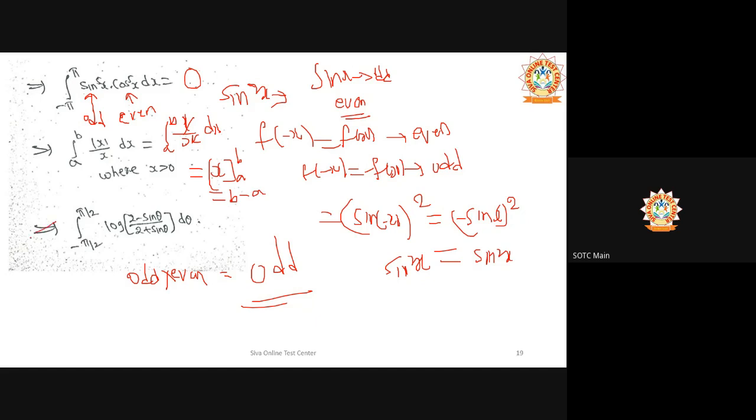Now try to see this question. Integration from minus pi by 2 to plus pi by 2 of log of 2 minus sin theta by 2 plus sin theta d theta. Now tell me whether this function is an even function or an odd function. Odd function, sir. How? Yes, your answer is correct.